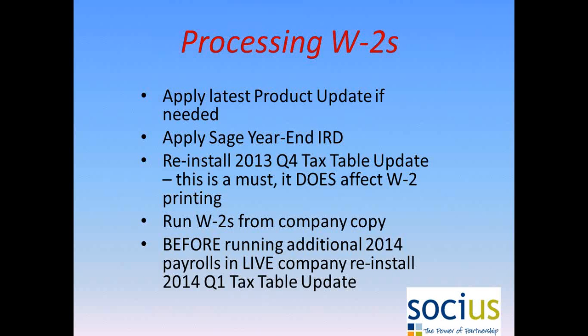I know a lot of people don't like to do it, but to be sure that your W-2 printing is correct, you really do need to reinstall that 2013 Q4 tax table. And then you would run your W-2s from your company copy. And of course, before running additional 2014 payrolls in your live company, you would want to reinstall your 2014 Q1 tax table again.